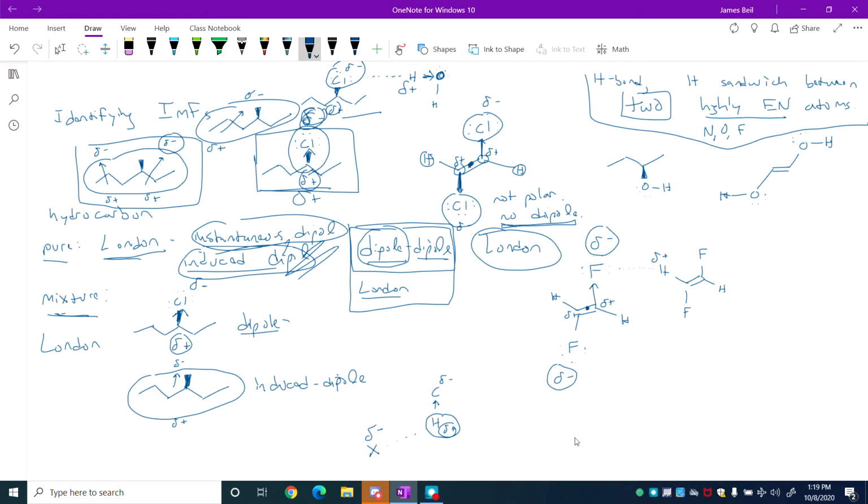No. Good. Yeah, this is not a hydrogen bond attraction because the hydrogen is bonded to carbon and the electronegativity difference there, as we said, is minimal. This is a small quantity of partial positive. The hydrogen has to be sandwiched between two highly electronegative atoms, not between one low electronegativity atom and one high electronegativity atom.